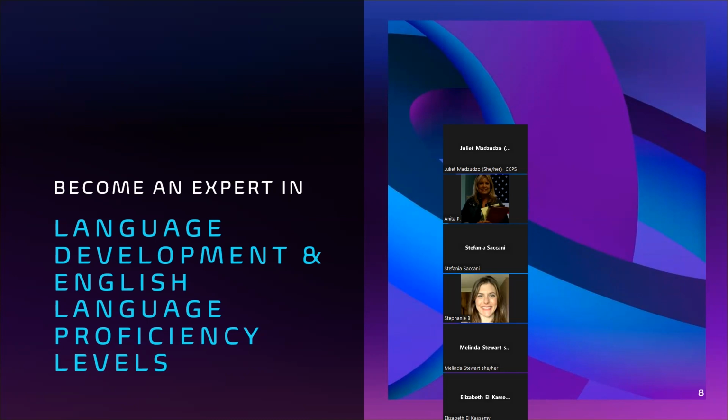If you are familiar with and you have some training and understanding around the English language proficiency levels and how that process happens and develops, you would be able to say, this third grader has been with us since kindergarten or pre-K.